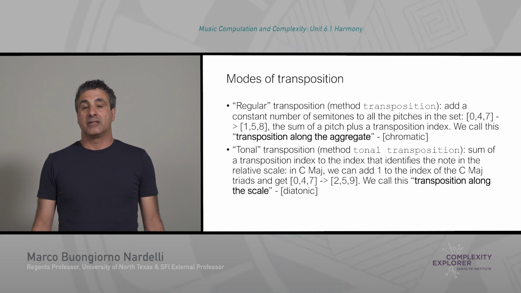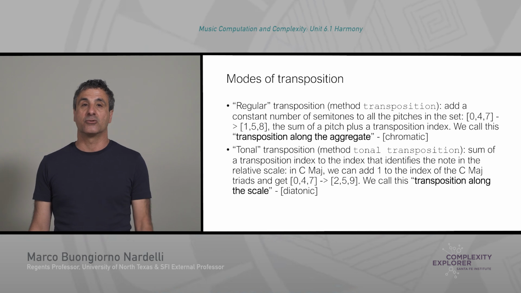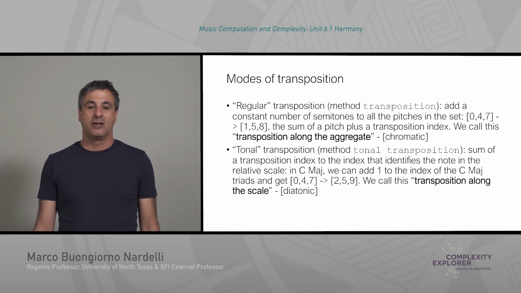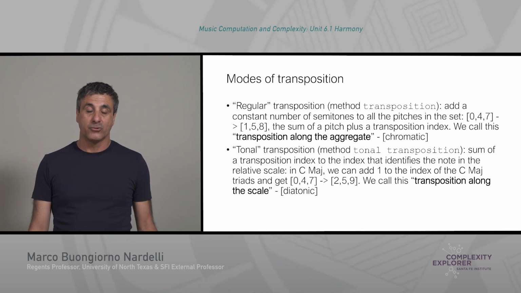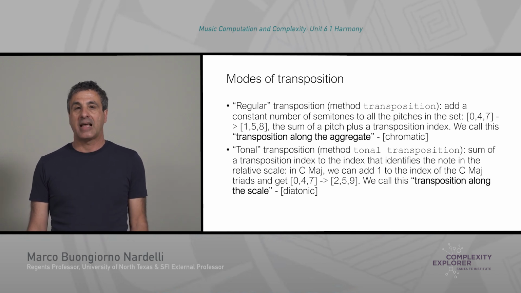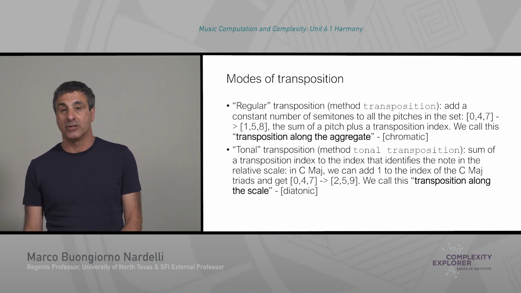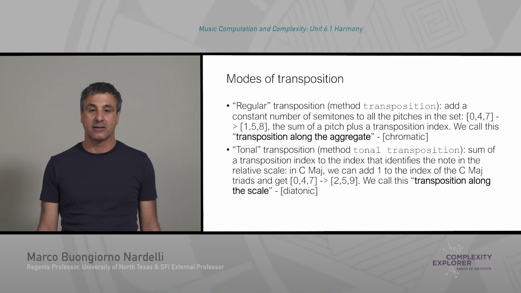So I can define transposition on all the chromatic pitches and say I want to shift each note of this chord by, say, 1 semitone. But I can also do a transposition where instead my reference system is not the chromatic scale, but is actually the scale itself. So if I do that, then I move all the pitches by a particular amount relative to the scale and not to the chromatic aggregate.